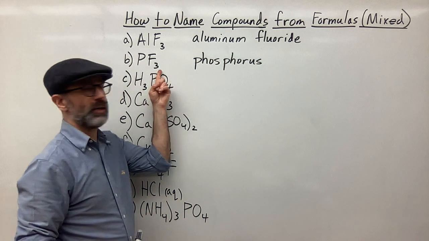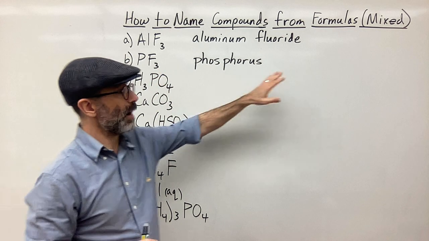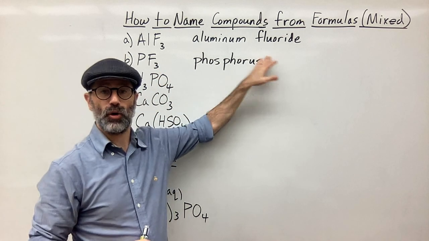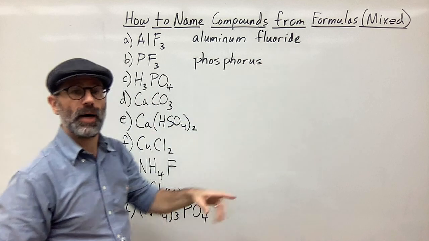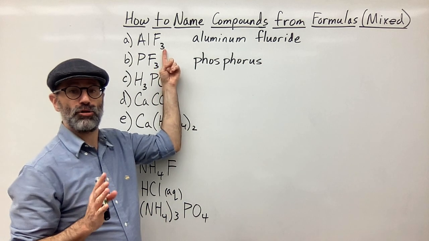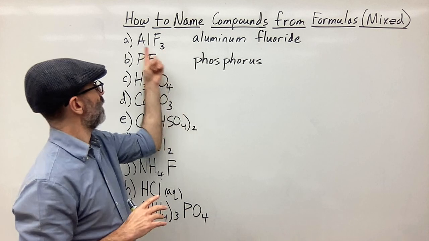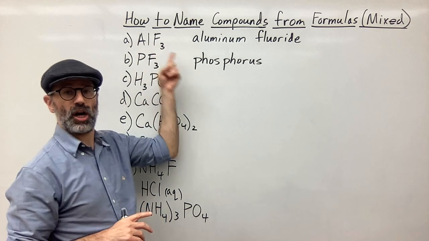And then the third element, again, is fluorine. So for the second one, we're going to have to drop the ending and add IDE again. So it is fluoride again. But this time for the 3, notice we have a 3 here. We didn't have to use a prefix for this because we know that the 3 is due to balancing of charge.